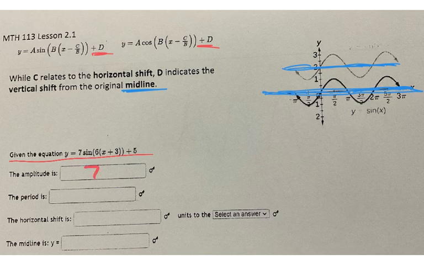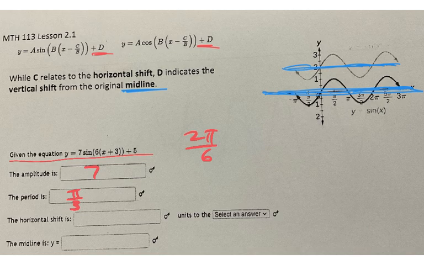That means I'm stretching the graph by 7. The period would be, it's not 6, it's 2 pi over 6. Remember, B is not the period, B affects the period. 2 pi over 6 is pi over 3, reduced. 2/6 is 1/3.